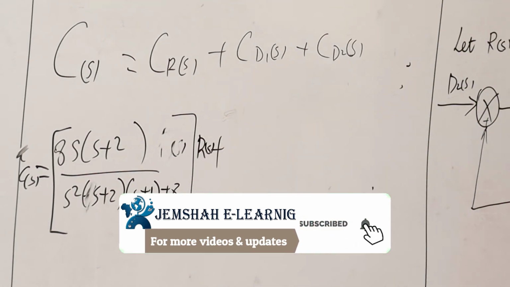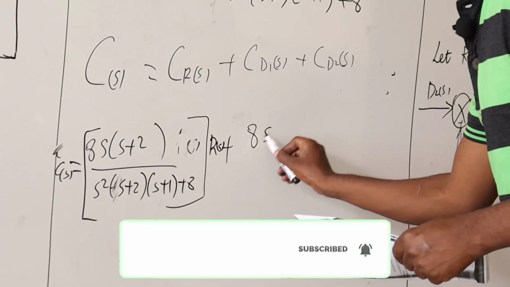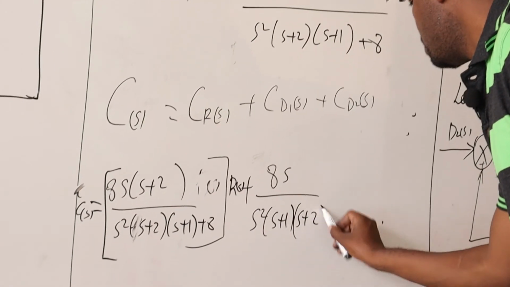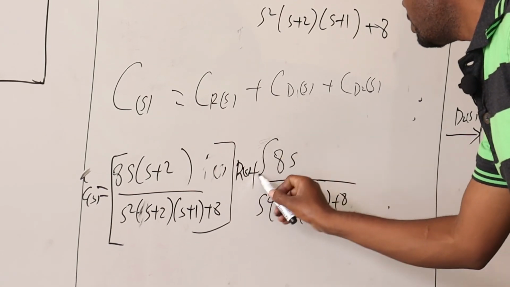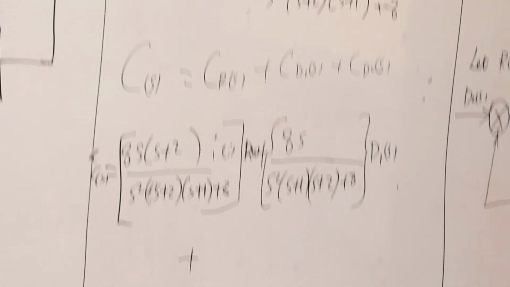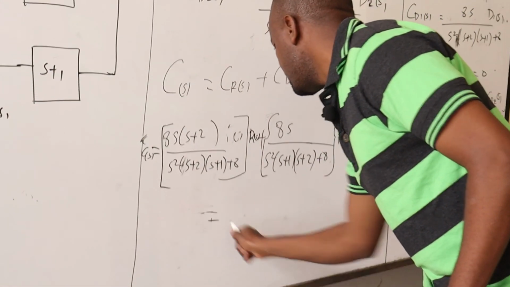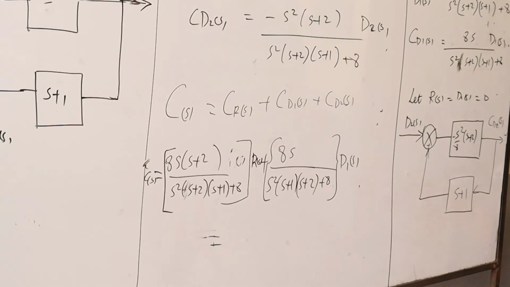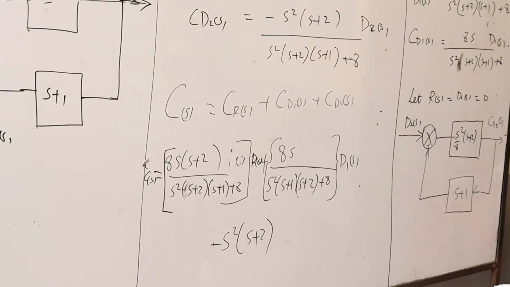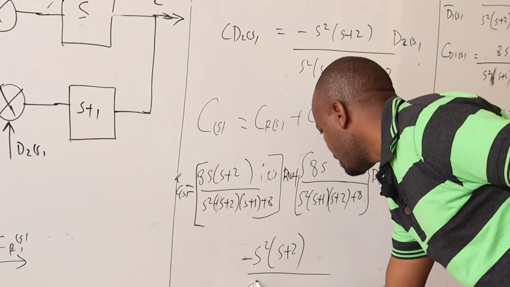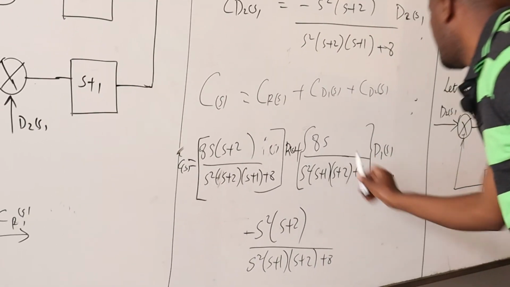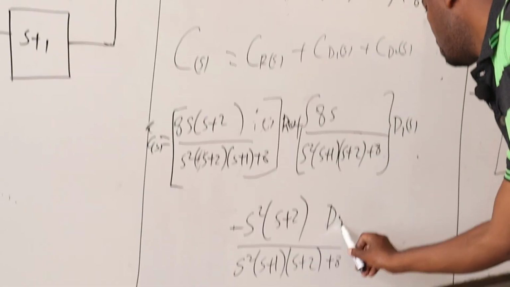Can have that, R of s plus 8s all over s squared into s plus 1, s plus 2, plus 8, the whole of this you multiply by D1 of s, plus, now it is not plus, it is minus s squared into s plus 2, also over s squared into s plus 1, s plus 2, plus 8. Then that one you multiply by D2 of s.